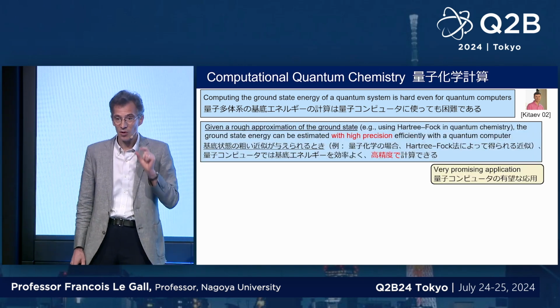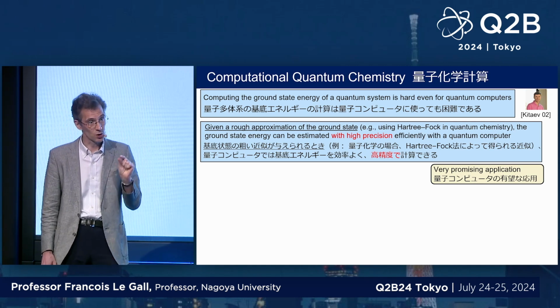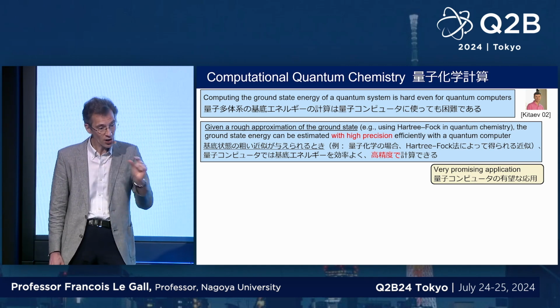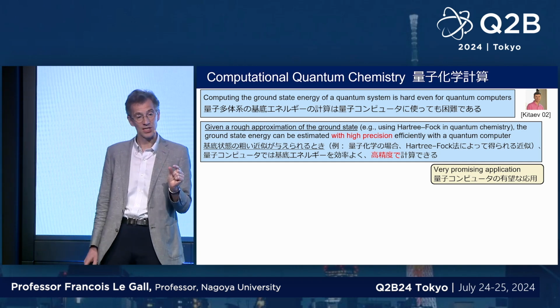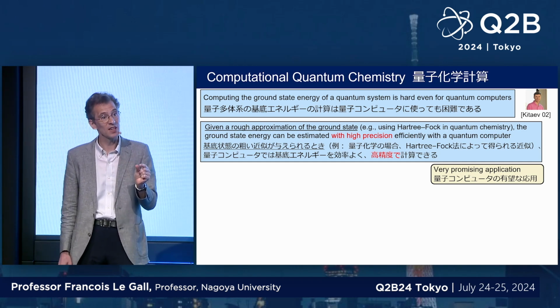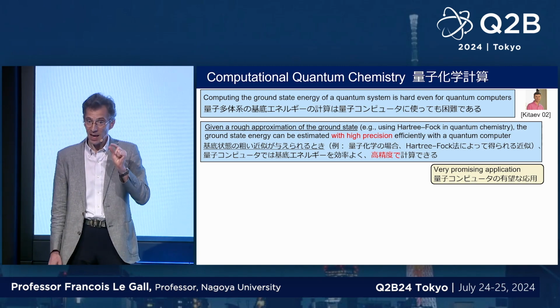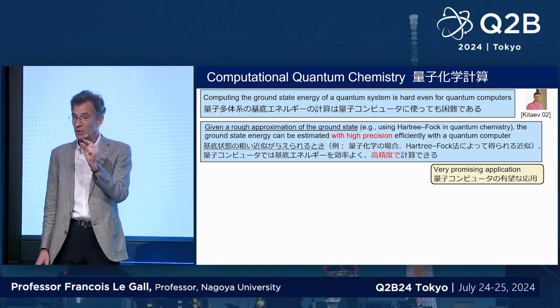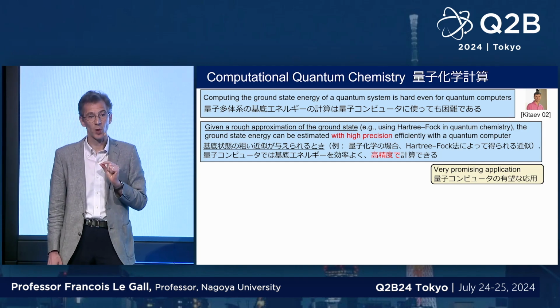But given a rough approximation of the ground state, you can estimate the ground energy with high precision on a quantum computer by using phase estimation. And in many applications, like quantum chemistry, we do know how to get a rough approximation of the ground state.